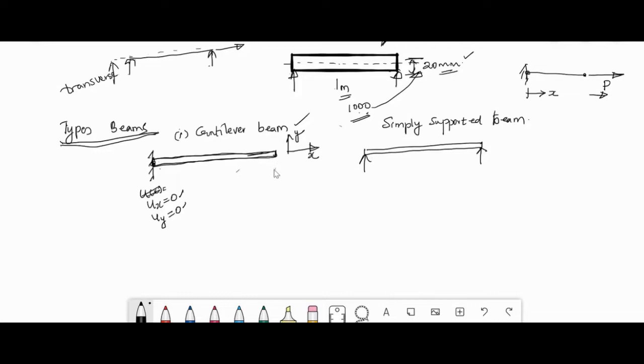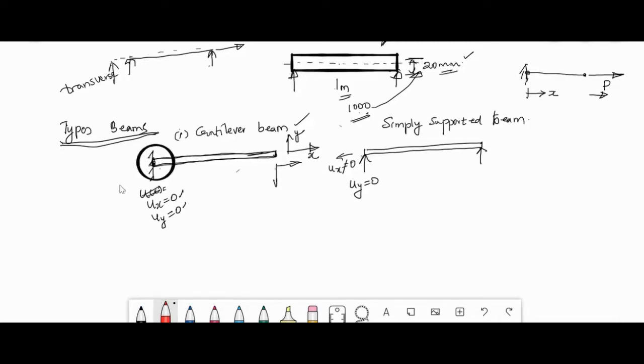At the free end, the displacements are allowed, both the transverse displacement and the axial displacement. In the simply supported beam, the transverse displacement is 0, whereas the axial displacement is allowed, that is, not equal to 0. That is the difference between the fixed end and the simply supported end.